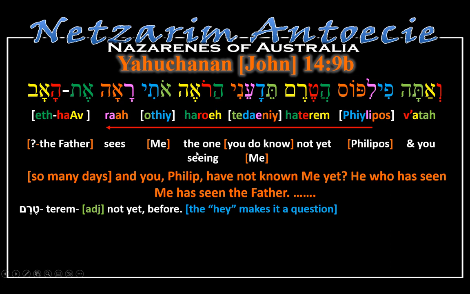Ha-ro-e, the one seeing. So now it's like a comma there, and it's saying, the one seeing. So it's like a new phrase. The one seeing, and it's a participle because it's ro-e instead of ra-a. Oti, meaning me.